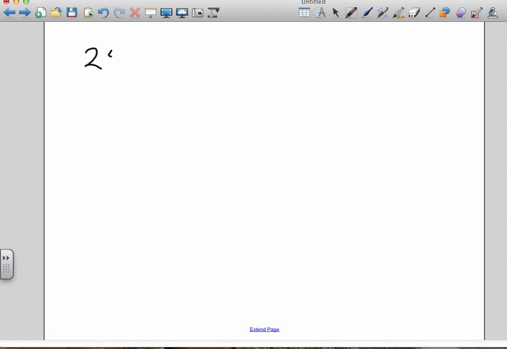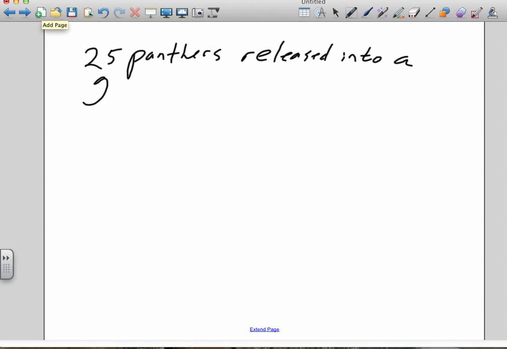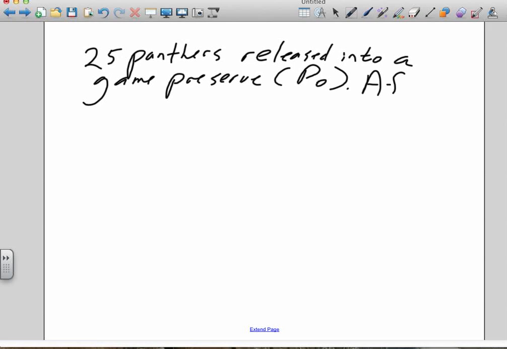But we had 25 panthers that are released into a game preserve. By the way, this is your initial population. After 2 years, there are 39 panthers.